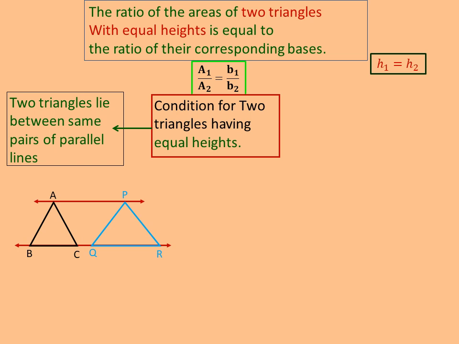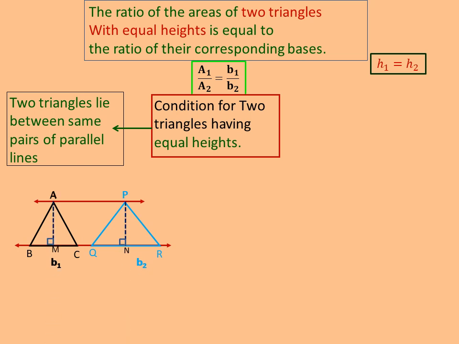The two triangles are lying in the same pair of parallel lines, and you know that the perpendicular distance between the same pair of parallel lines remains constant, remains same. Therefore, the heights of these two triangles, triangle ABC and triangle PQR, will be same. Their bases are different, that is BC and QR. BC is indicated by B1 and QR is indicated by B2.